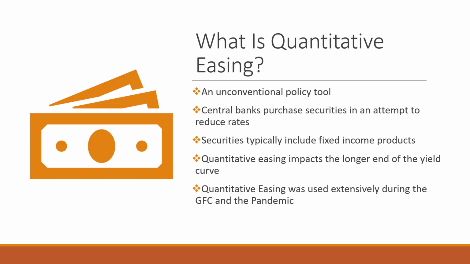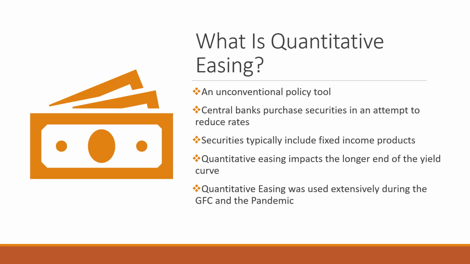The main difference is, with open market operations, you tend to focus on the 1 year and below range in terms of durations. Very short-term durations is what the central bank will look at. With QE, you're looking further out. You'll be looking at 2 years, 5 years, maybe even 10 years.